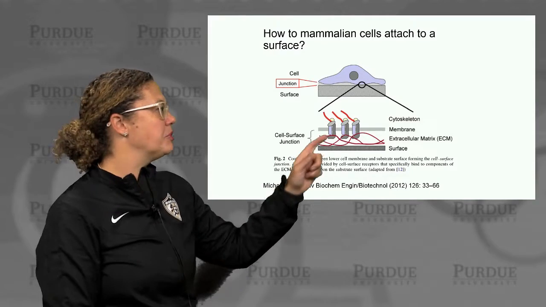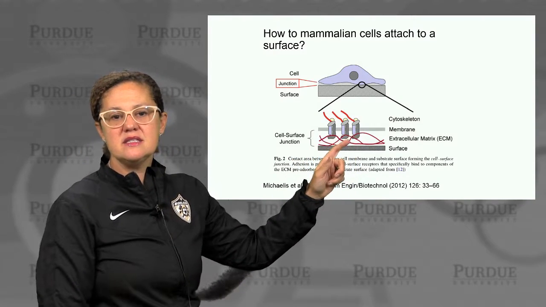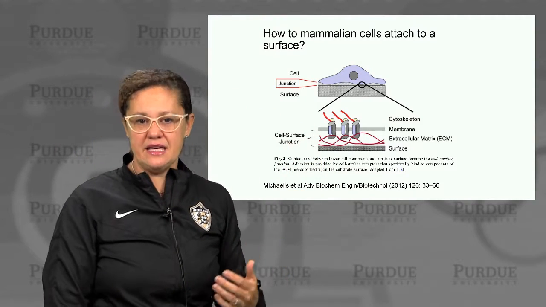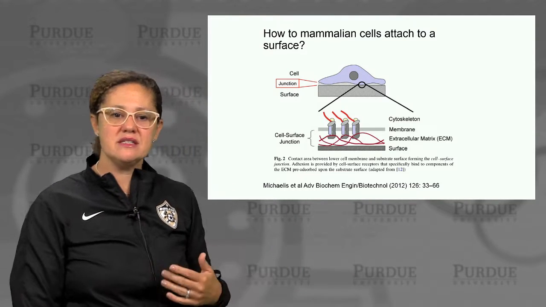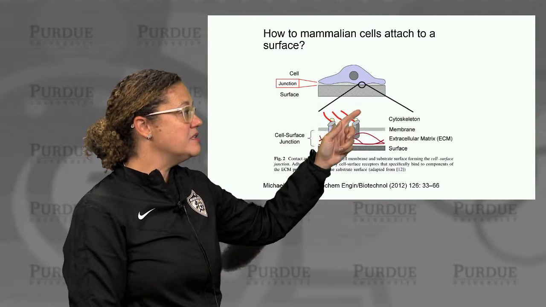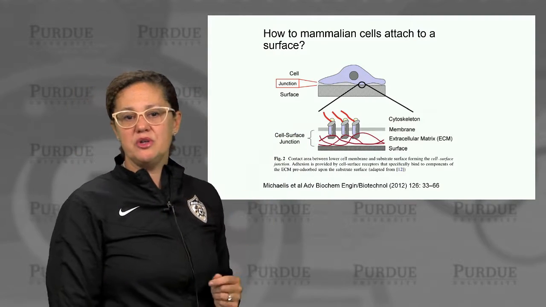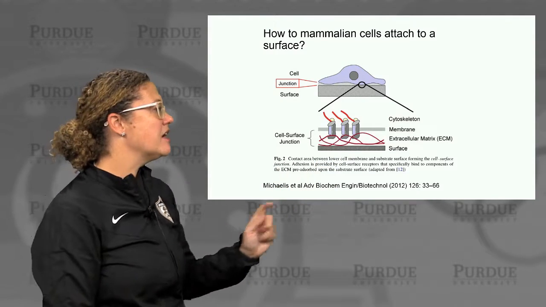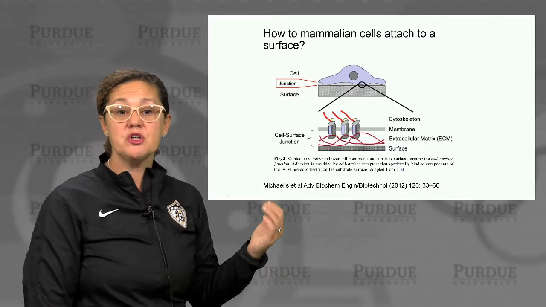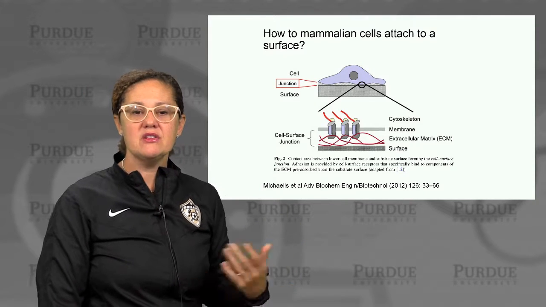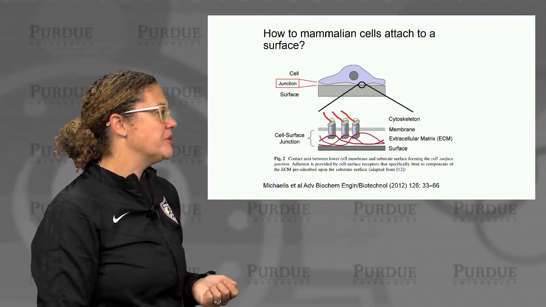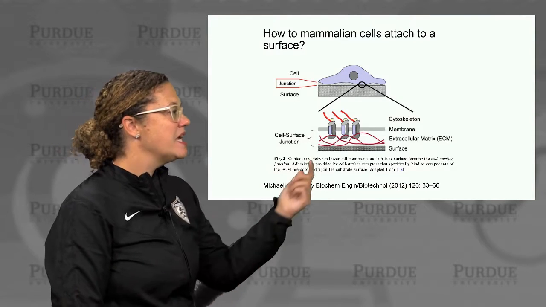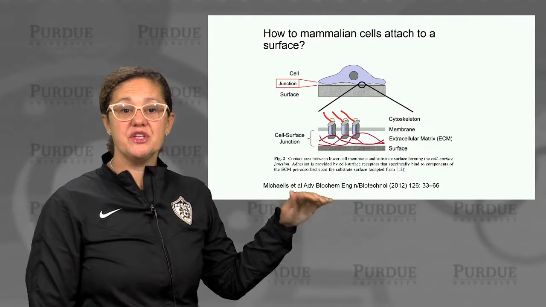Remember, cell membranes have proteins that are embedded in these membranes that act as receptors, and they relay information from the outside of the cell to the inside of the cell, both through cytoskeletal components and through soluble signaling.